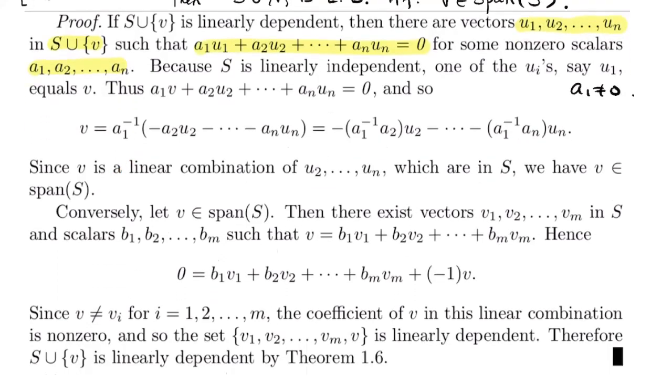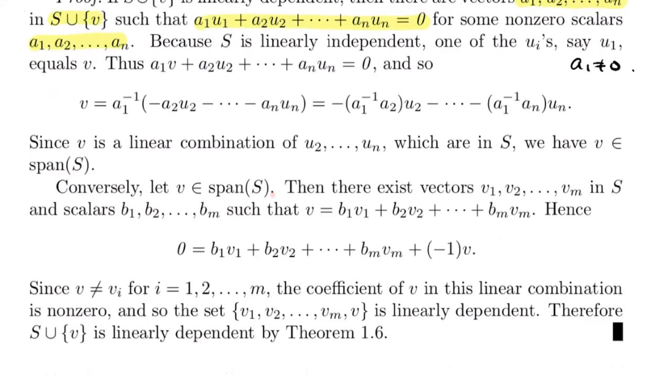Directly going for it. Conversely, if you take something in the span, right, then you have to have some vectors in S. He's calling them v's. And some scalars, he's calling them b's. And your vector has to be a linear combination of those things. So the v's come from S, the b's are some scalars, v is in that sum. So what does he do? He's just doing what I did, taking v to the other side with the sign -1, right?